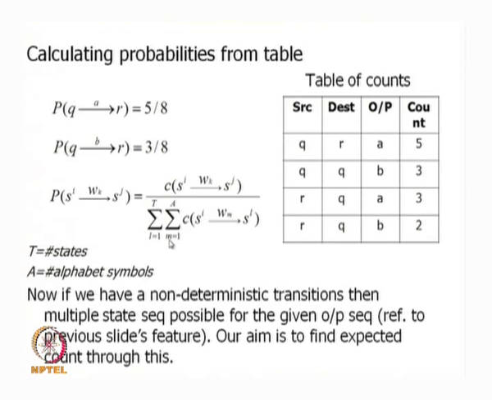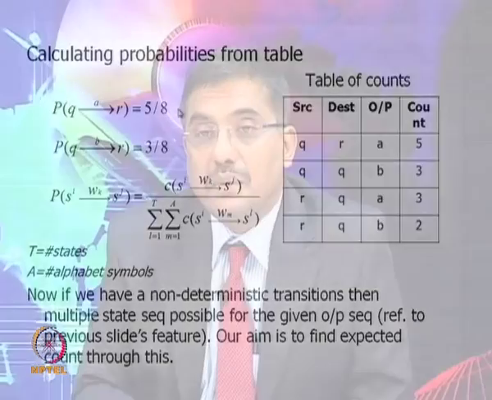Here the index goes from 1 to A, where A is the alphabet size, and this is W m, all possible symbols, and L from 1 to T, where S L is the destination state and T is the number of states. Now the point being made is that if we have a single state sequence corresponding to an observation sequence, then taking the count this way is valid.